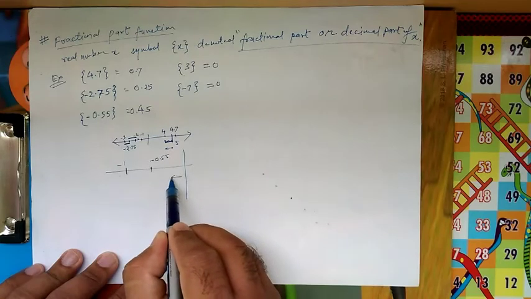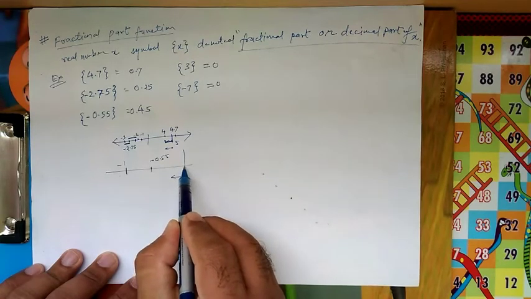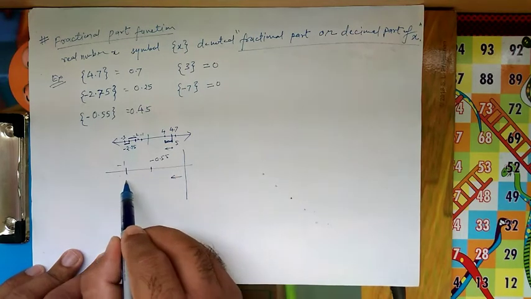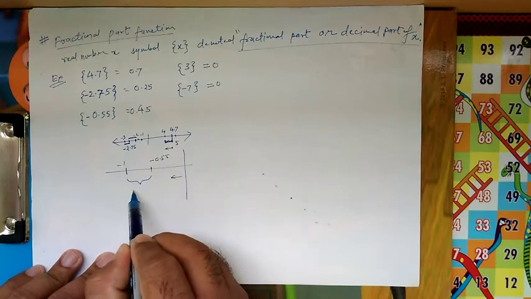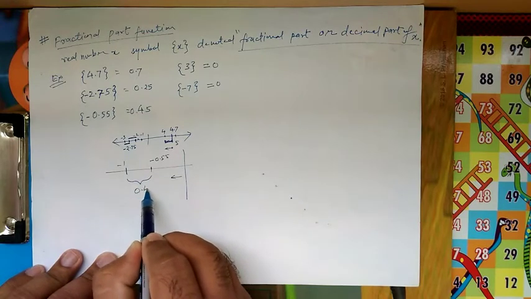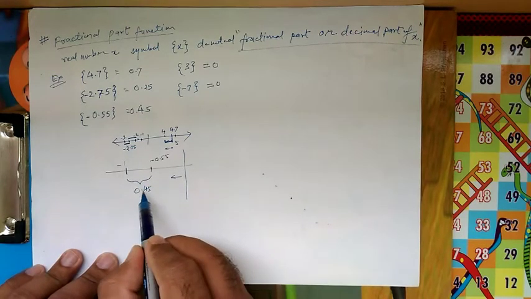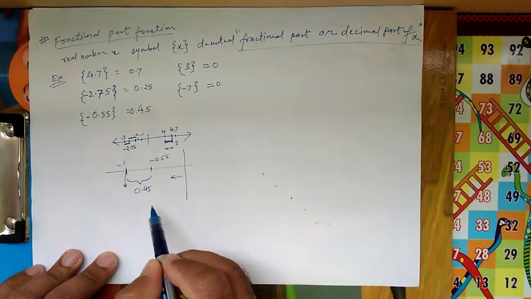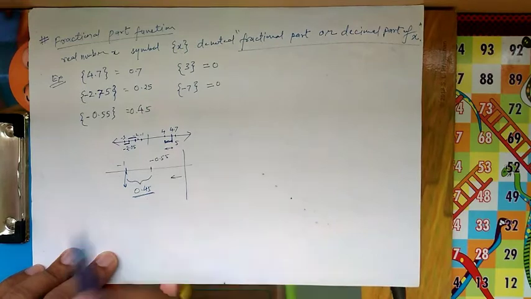In this process you have traveled from 0 to -0.55, and the remaining portion is 0.45. You need to travel more, then only you will come to this portion. So your answer is the fractional part function.